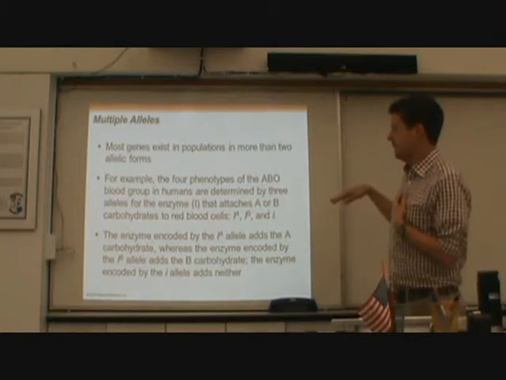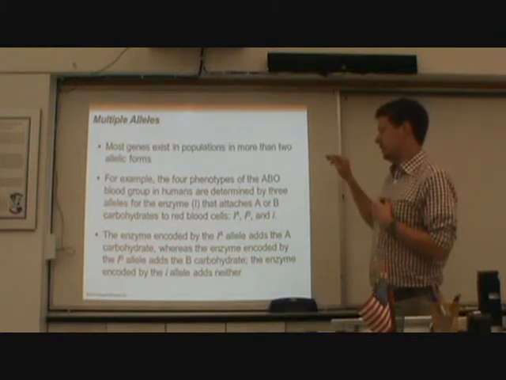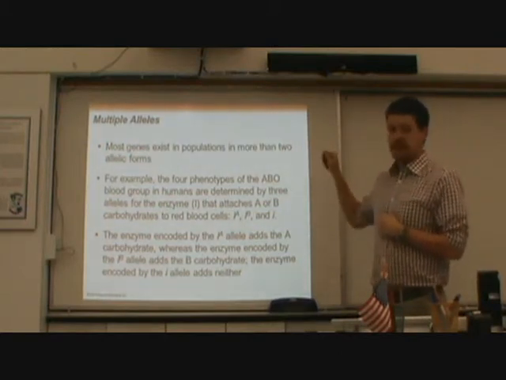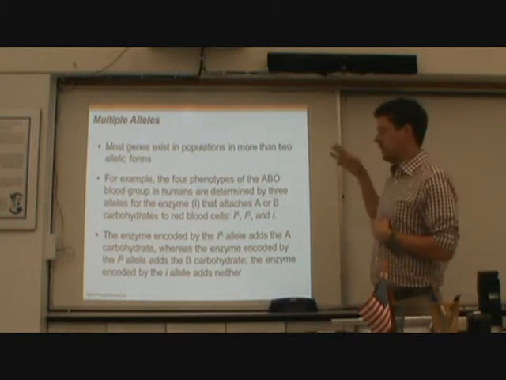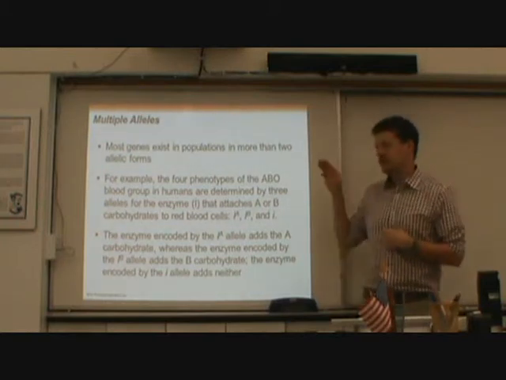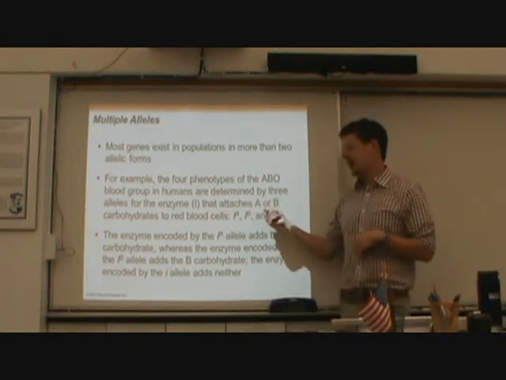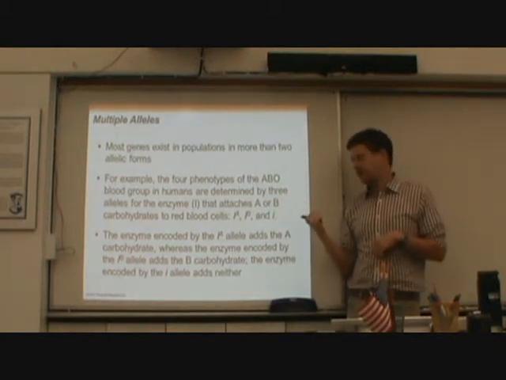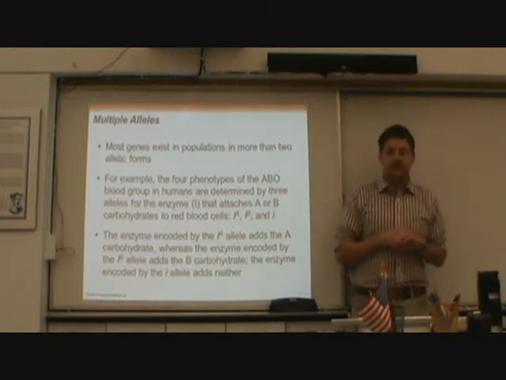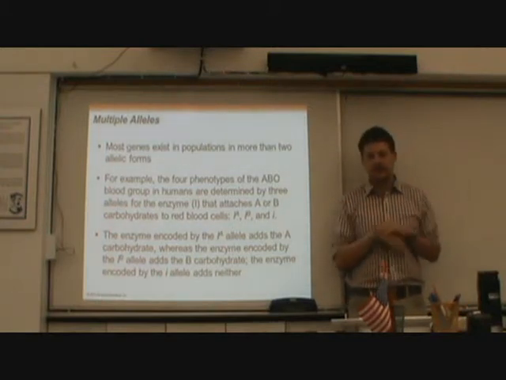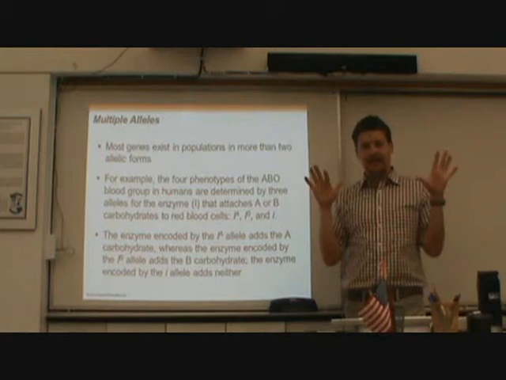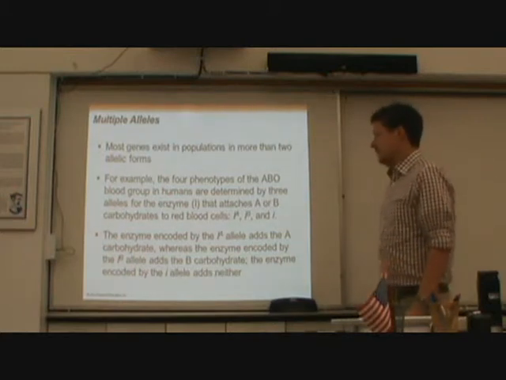But there are 4 different blood types that come about from 3 different alleles. There are 3 alleles for the enzyme that attaches A or B carbohydrates to red blood cells. These carbohydrates stick out on the outside of your blood cells.